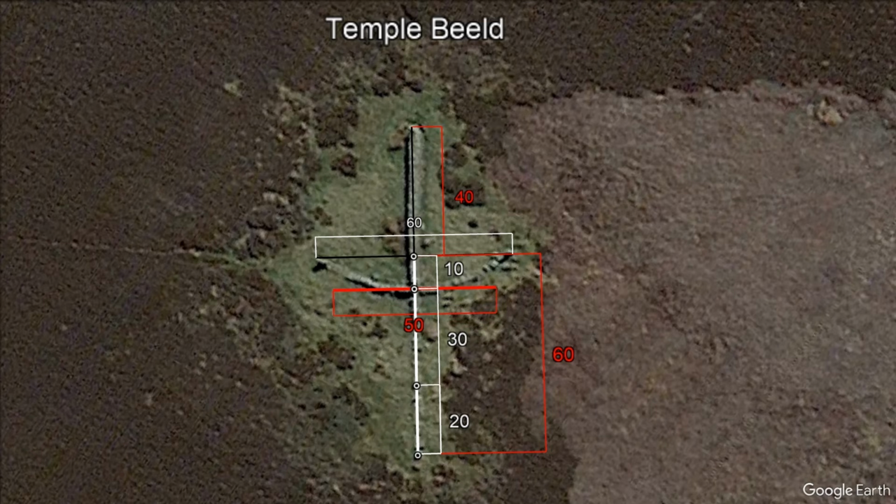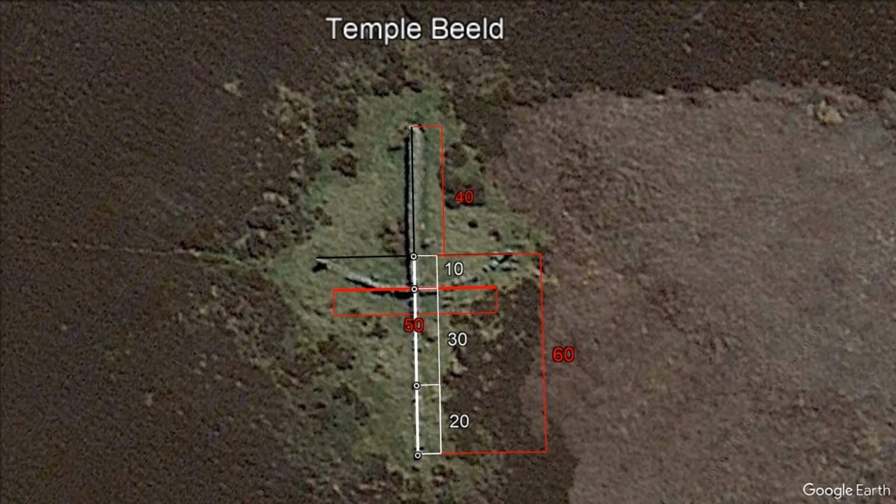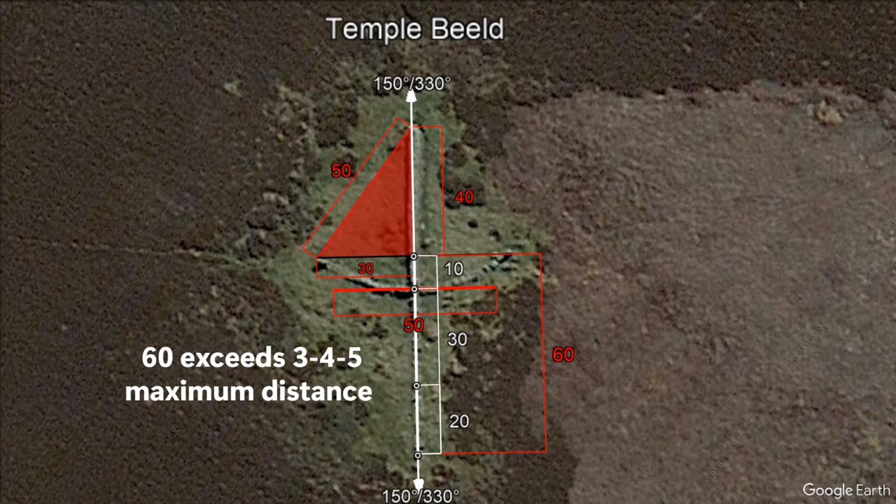Now, if we add the crossbar of Nolan's cross, which would be 50, we find that it is equivalent to 720. However, this 50 is the hypotenuse of the triangle, and this is one of the things that clues us in, along with the 60, that this will be rotated 90 degrees.